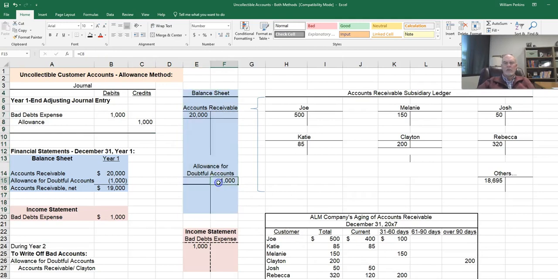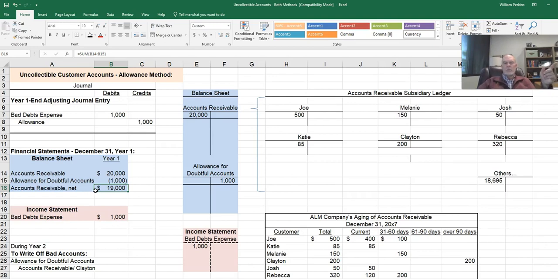That $1,000 credit balance is there for the purpose of offsetting that $20,000 of accounts receivable, and the two are reported together on the balance sheet. So now we're going to report $19,000 as a net accounts receivable on the balance sheet, indicating this is what we really think is our future benefit.